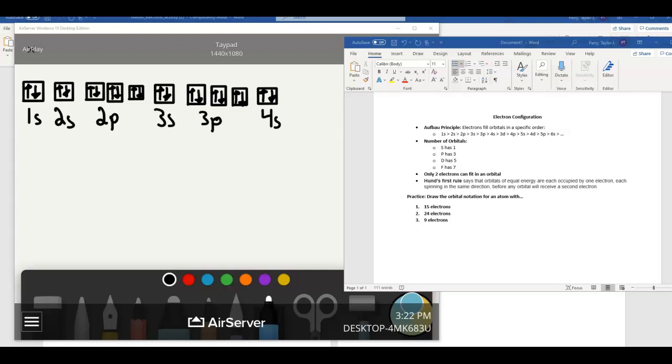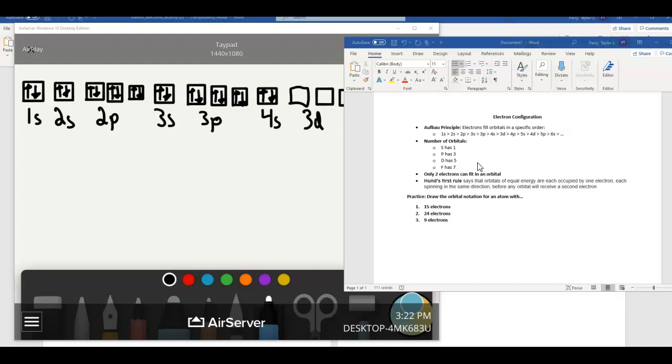We have 4 more. Okay, what's next here? After 4s, it's 3d. I think this is the first time we've seen d. Now, look at d, right? It has 5 orbitals. So we're going to draw 5 boxes. 1, 2, 3, 4, 5.